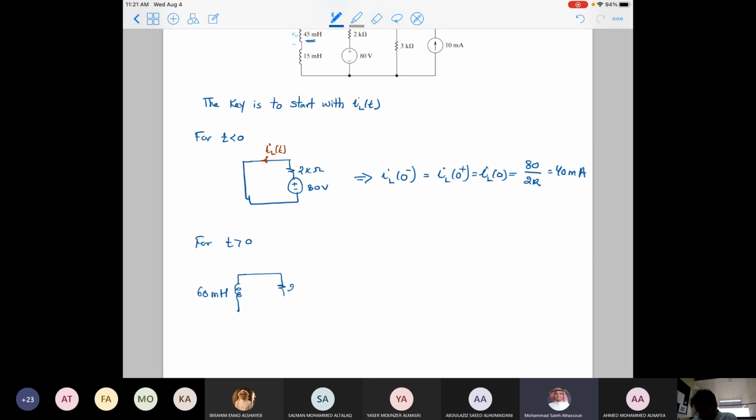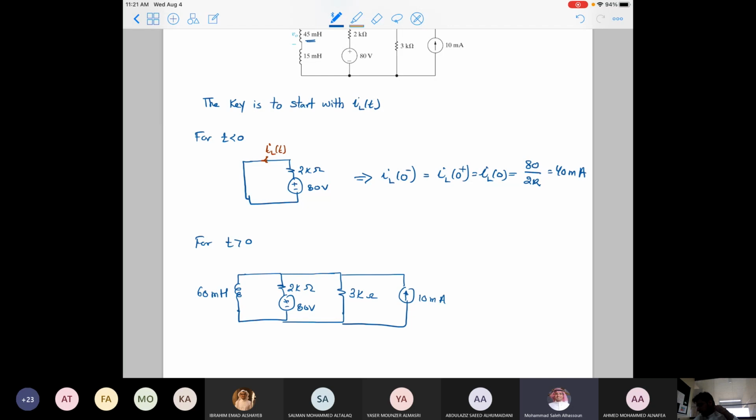We have 2 kilo ohm resistance, we have 80 volts here, we have 3 kilo ohm, and we have 10 milliamperes.